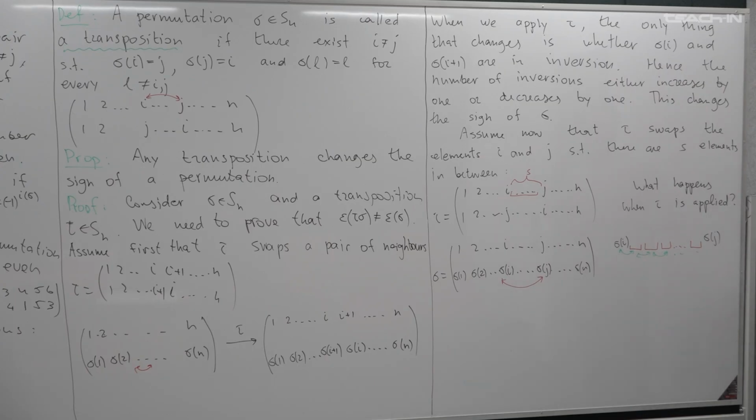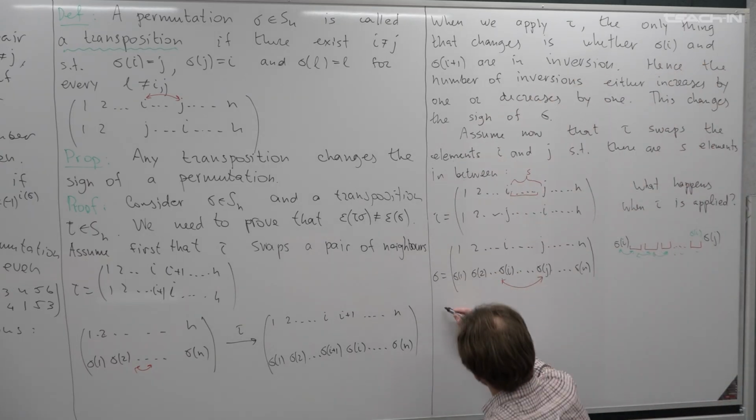So we move sigma of I to this position, finally, sigma of I, right? So when we do this, we swap sigma with S elements.